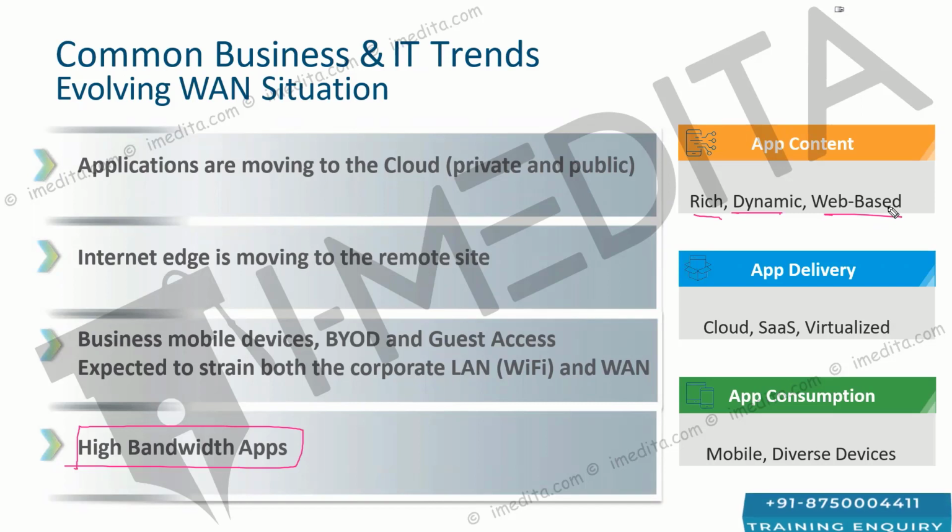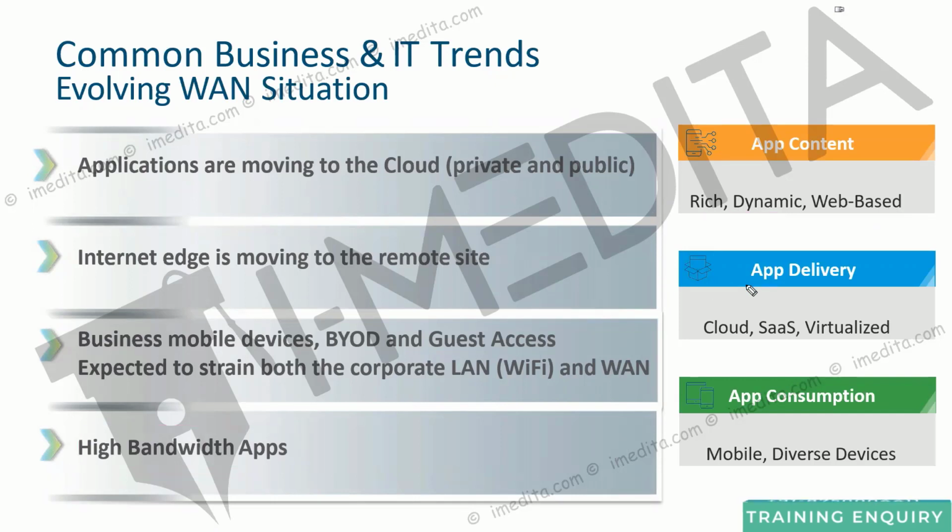Because of that, the overall size of the application and its bandwidth requirement is going to be a little bit high. The content of the application in a modern day network is rich, dynamic, and web-based. It could include text, audio, video, image files, and so on. That is why it requires comparatively high bandwidth and high resources to run.